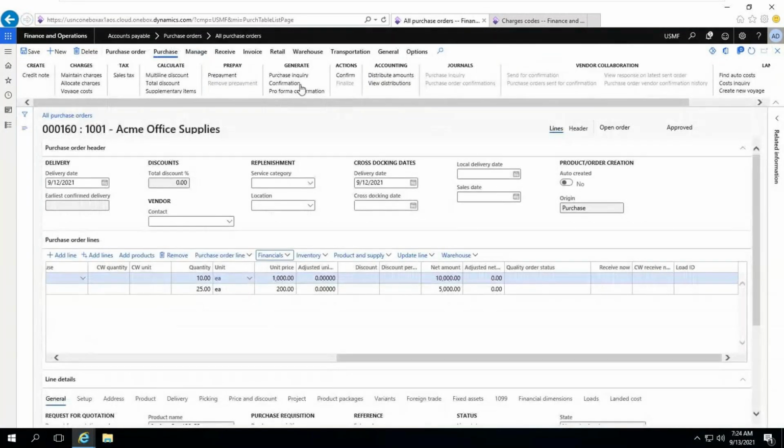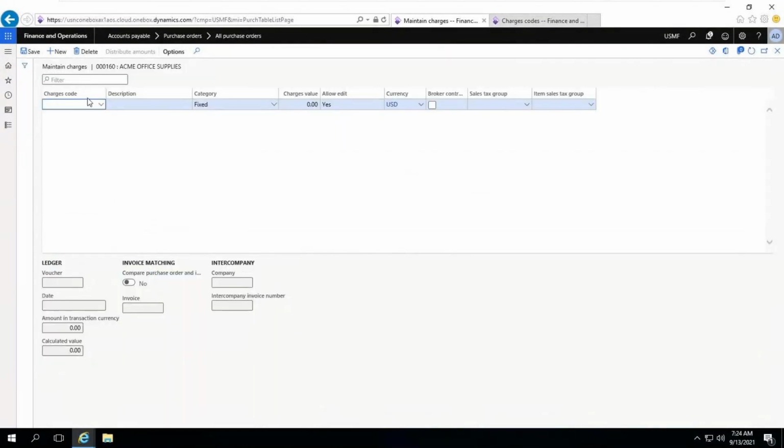Okay. Now I am entering once again maintain charges. So I'm entering freight charges, suppose the same $150.